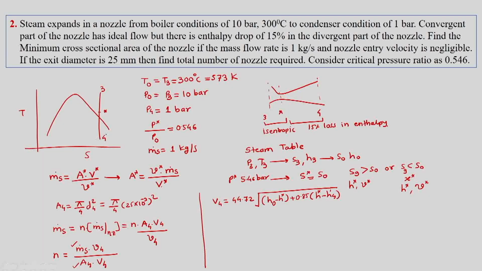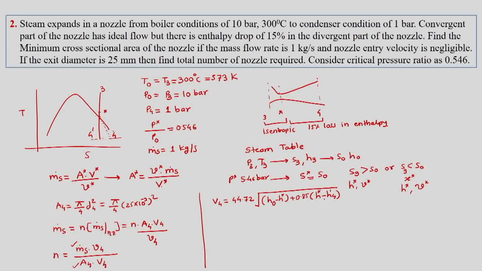So this point is 4 dash, since we are told that after the nozzle there is loss, and we will put it here. So the isentropic point is 4 dash, the real point is 4. So we have to first find out the isentropic 4 point.